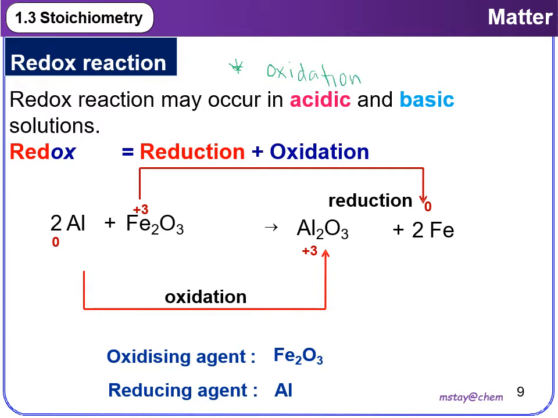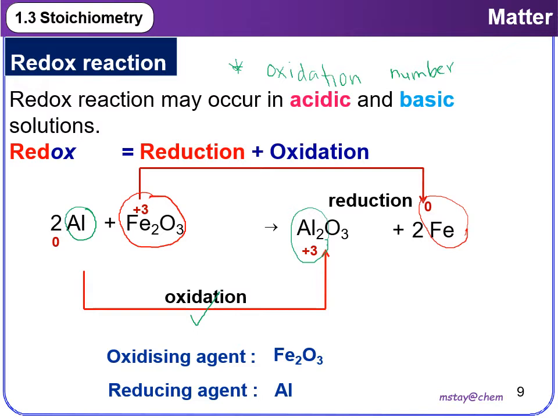For example, in this case, aluminium is 0 and then becomes Al2O3, which is positive 3. So the oxidation number increases, so the process is oxidation. Another one, Fe in this case is positive 3, then on the product side it is only Fe, iron, which means the oxidation number is 0.